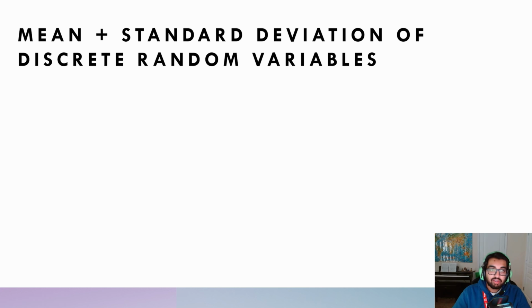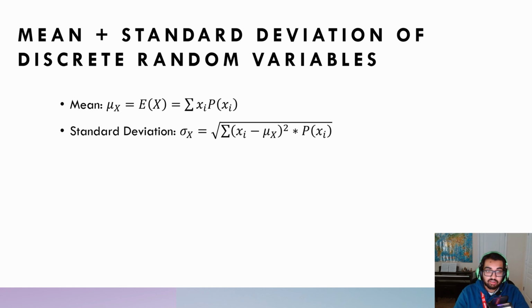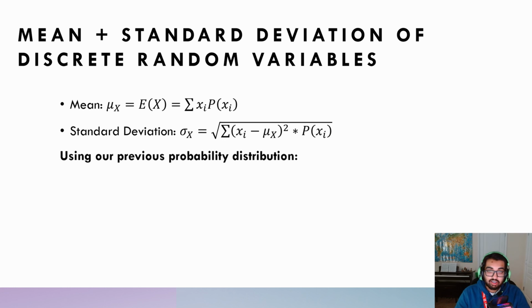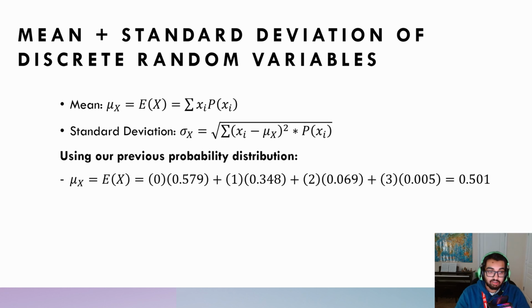So let's talk about mean and standard deviation of these discrete random variables. The mean of a discrete random variable probability distribution is going to be the sum of all your values times the probability of that value. And the standard deviation is this long formula right here. So let's just take a look at this using our previous probability distribution.